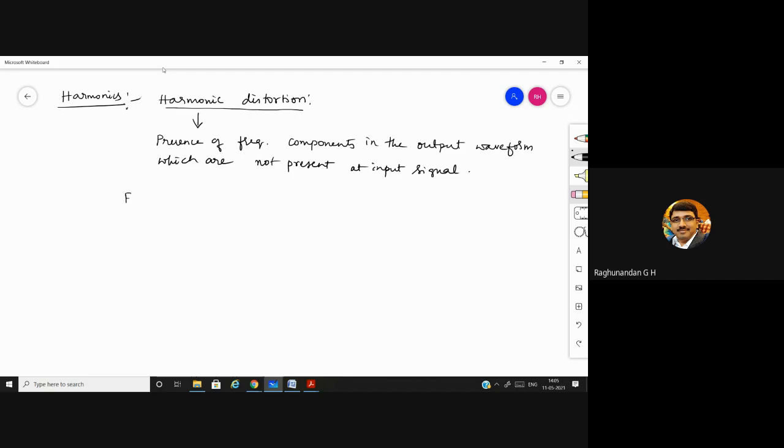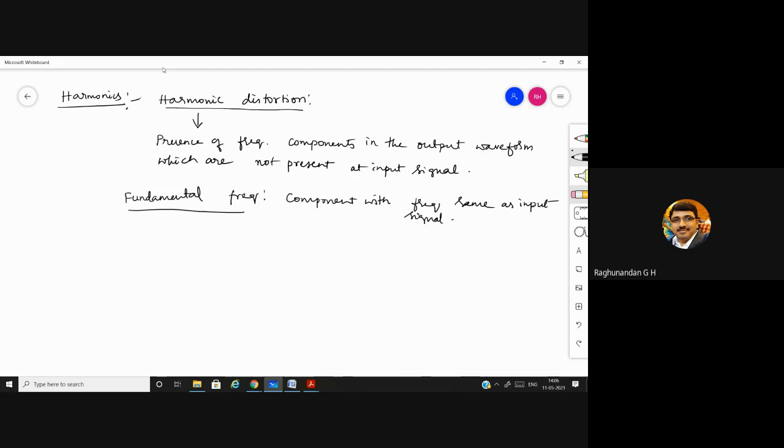Next, we have one term called fundamental frequency. Here fundamental frequency means the component with frequency same as the input signal.